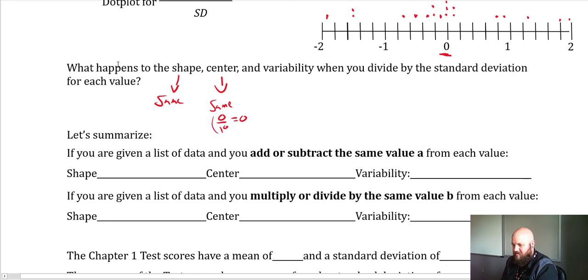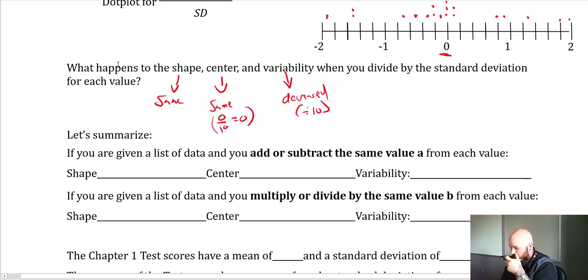And our variability? Well, the only thing we did here was we decreased it, right? Because we divided by 10.